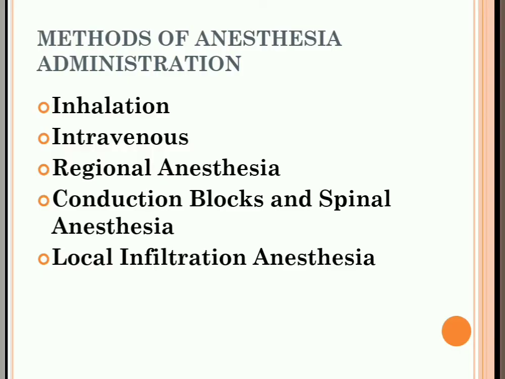So the spread of your anesthetic agent and the level of your anesthesia will depend on the amount of fluid injected, the speed with which it is injected, the positioning of the patient after the injection, and the specific gravity of the agent. So, sa spinal anesthesia, you have to assist the anesthesiologist to position the patient in a knee-chest position.